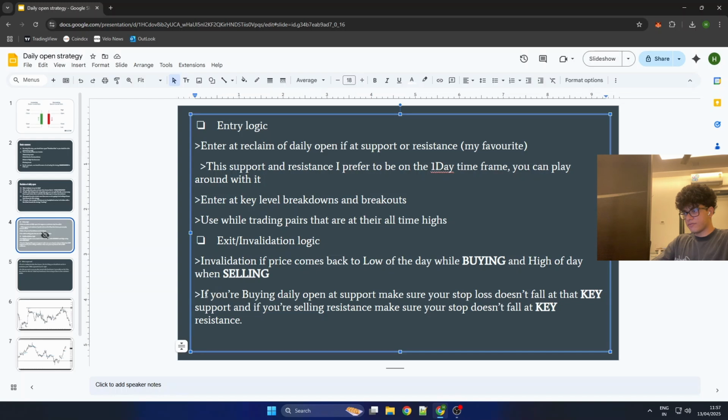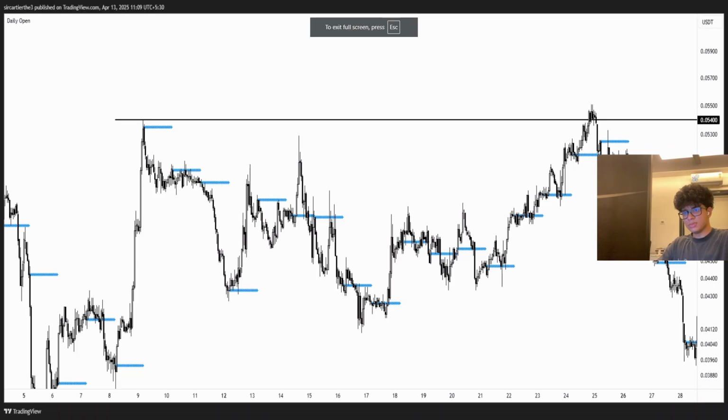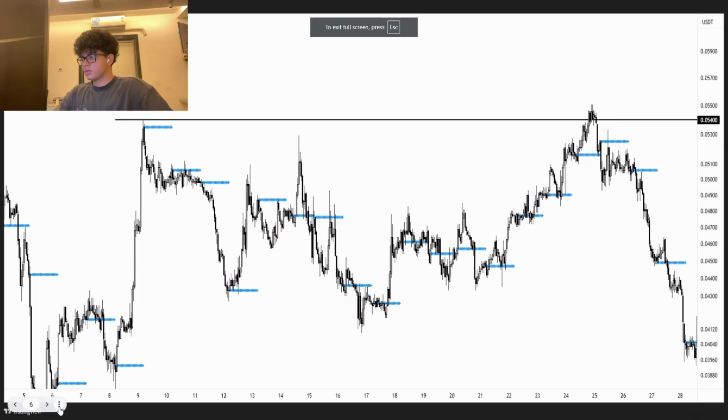So, if you're buying daily open at support, make sure your stop loss doesn't fall at key support, and if you're selling resistance, make sure your stop doesn't fall at key resistance. So this is pretty easy once you think about it. For example, you're entering, you short here, you short at this wick. So where do you think your stop loss would be? Now, of course, you wouldn't place your stop loss here, right?